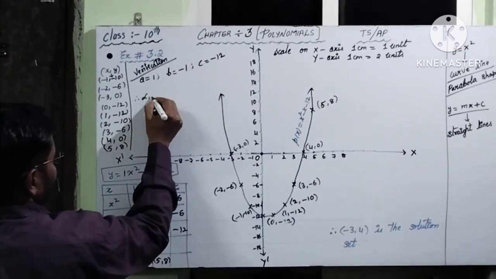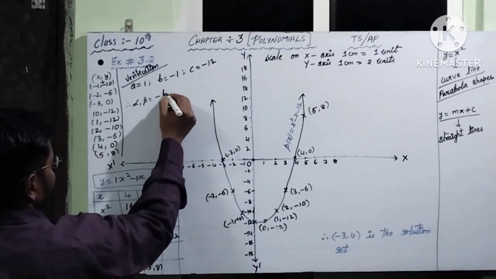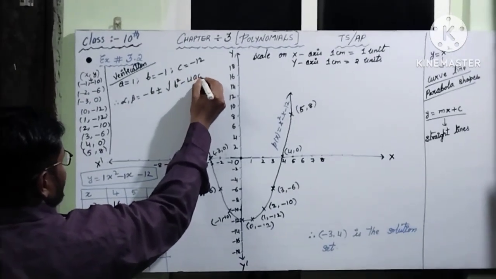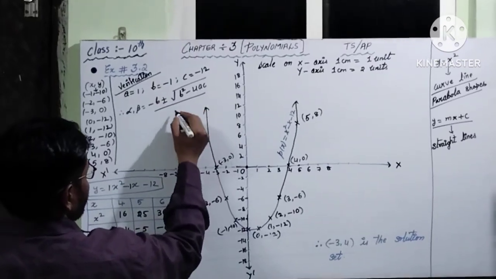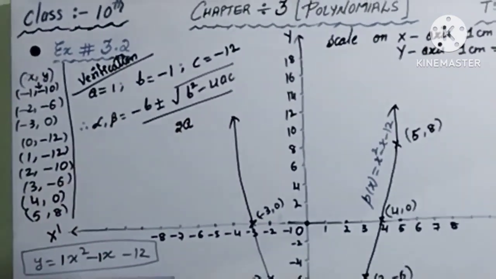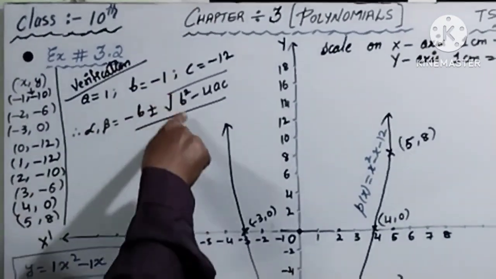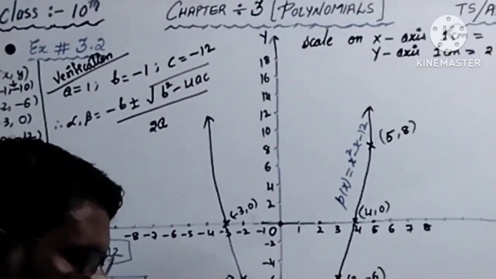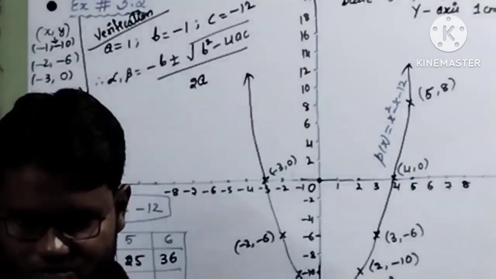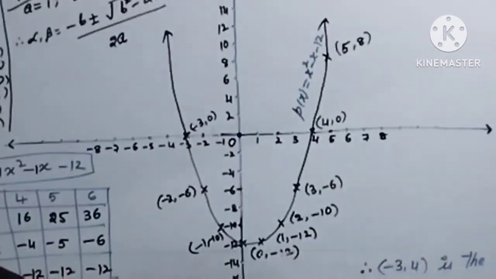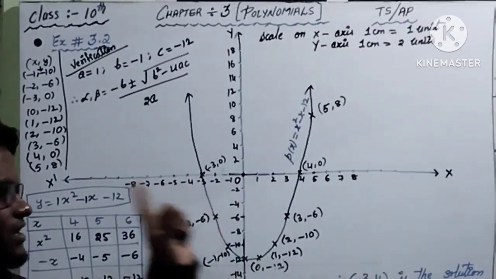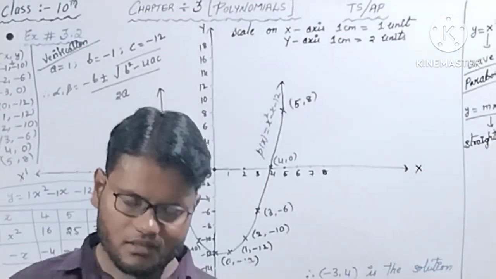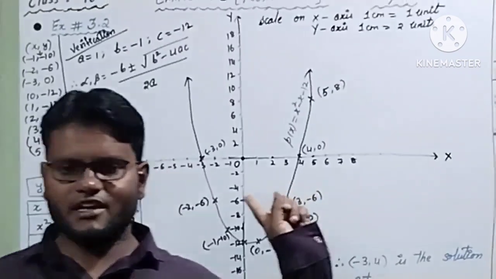Alpha comma beta is equal to minus b plus or minus under root b square minus 4ac, divided by 2a. Then apply these values in this formula. Then afterwards say whether my answer is right or wrong. Comment to me. Try this. Do verification and see whether this minus 3 comma 4 comes or not. Understand? Any doubts?